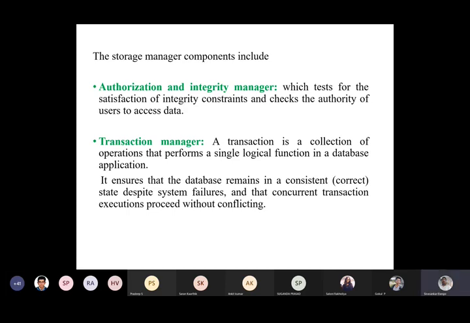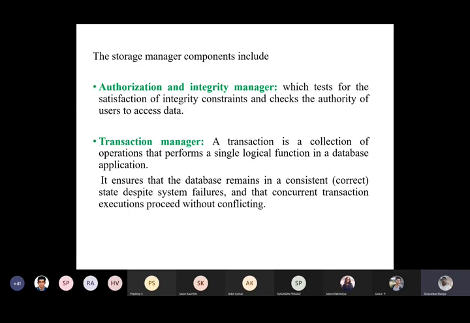Then we have the transaction manager. You all know the definition of a transaction from the first class. It's a collection of operations that performs a single logical function in a database application. So you pay your electricity bill, it's a transaction.